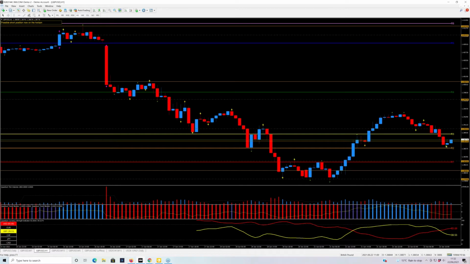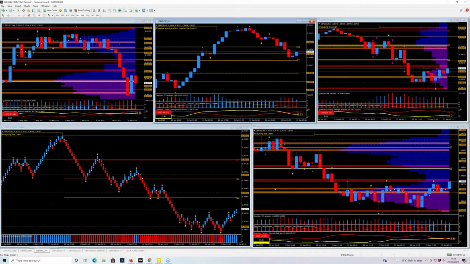It's actually stopped at the R2, which is an important level, but I wouldn't say as important as the third. Now, the significance of this third level is that it's where the price is now aiming for. And the other significance about the levels on the hourly chart is that these levels are here for the rest of the week.